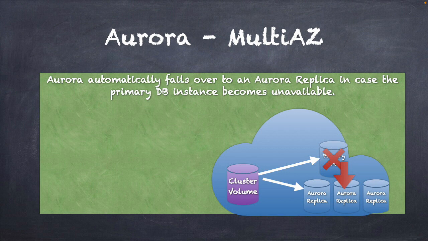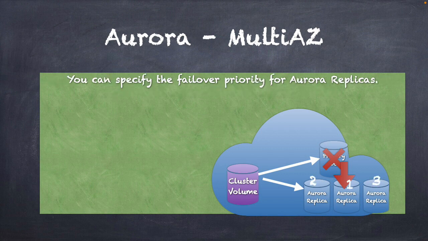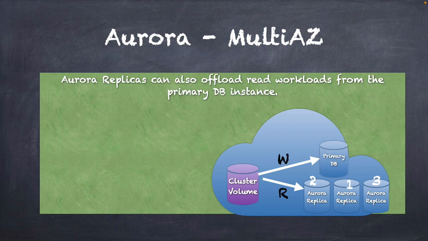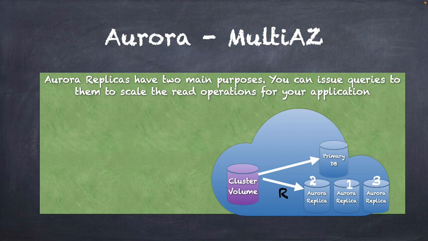Aurora automatically fails over to an Aurora replica in case the primary instance becomes unavailable, and you can specify the failover priority for Aurora database replicas. Aurora replicas can also offload read workload from the primary database instance. The Aurora replicas have two main purposes.